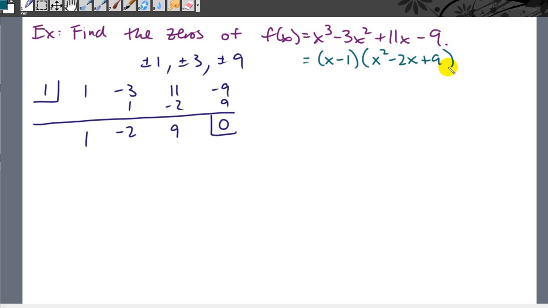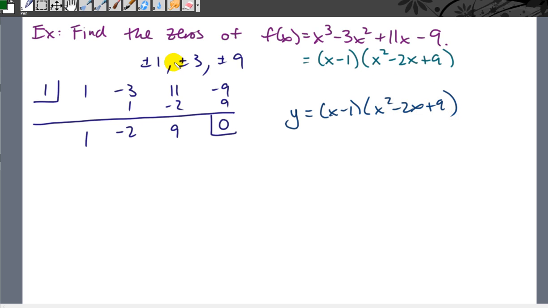As we go through this, let's see if we can find the zeros. Recall that if we want to find zeros, f of x is the same thing as y. So we're dealing with y equals x minus 1 times x squared minus 2x plus 9.